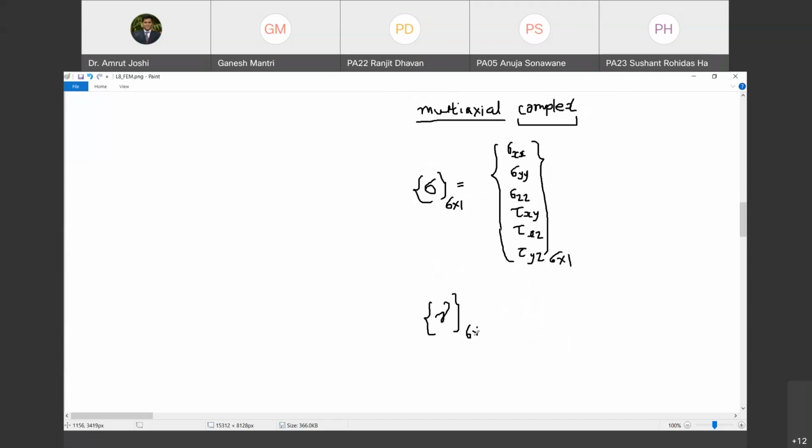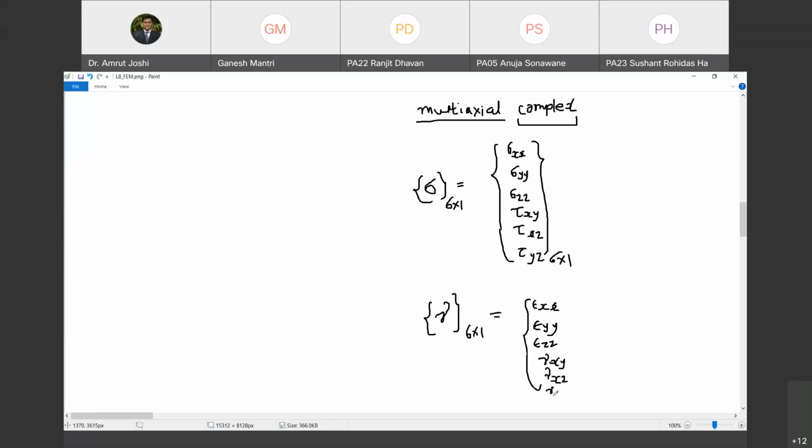It is also going to be 6 cross 1, and we are going to write only the corresponding components of strain. Happy? Yes, sir. So we are going to have epsilon xx, epsilon yy, epsilon zz, then gamma xy, gamma xz, gamma yz.